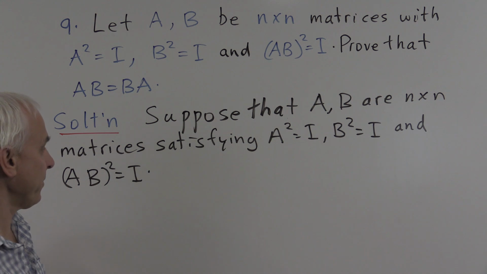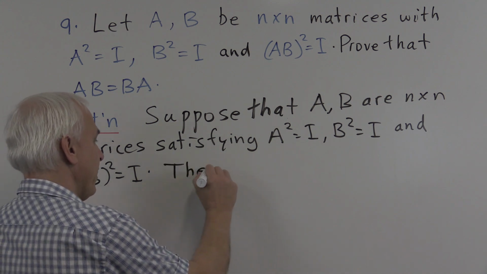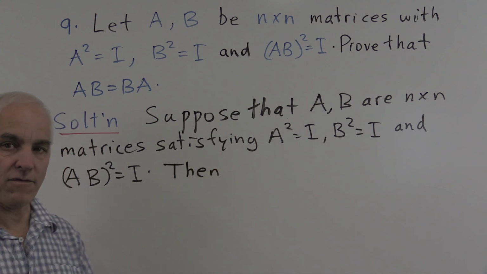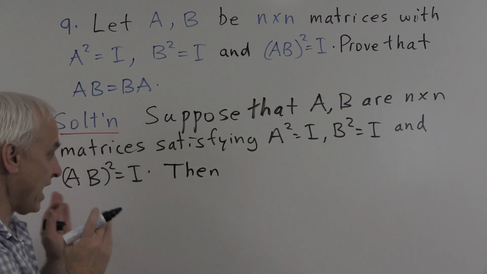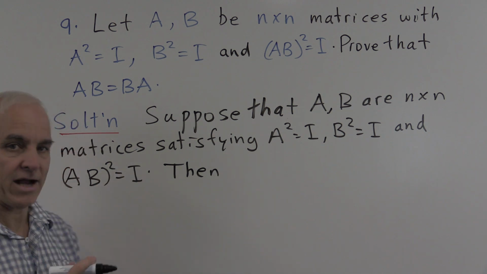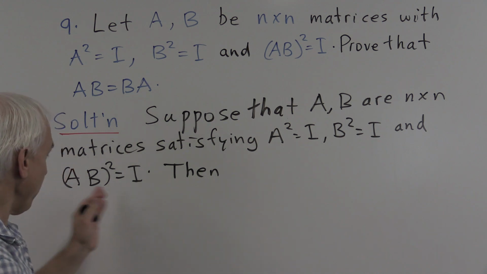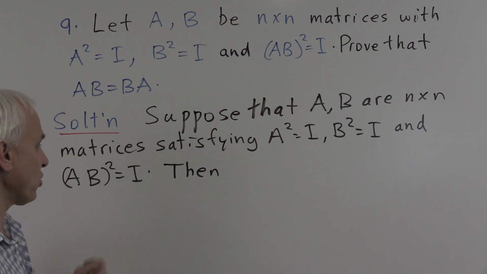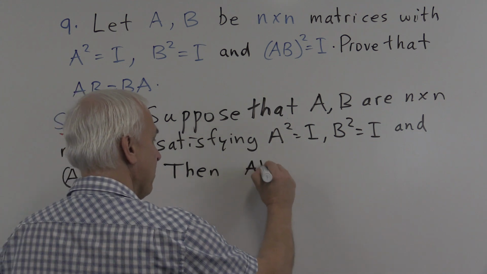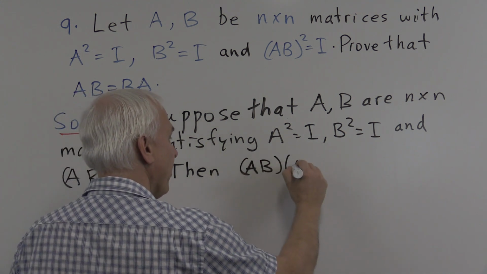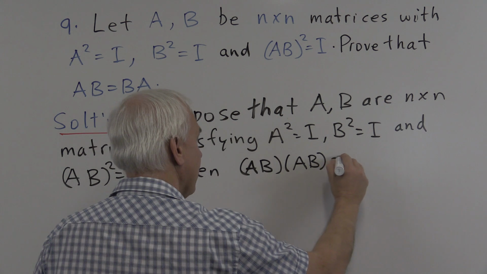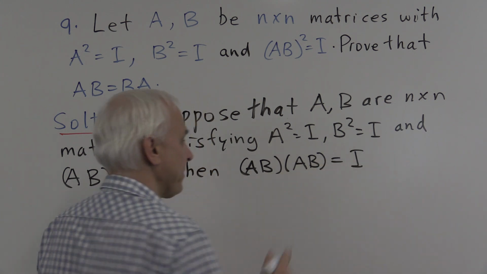So what are we going to do? Well, this is the most interesting of the three relations. So let's have a look more carefully at what it actually means. All right, so what does it mean? Well, (AB) squared means AB times AB equals the identity.